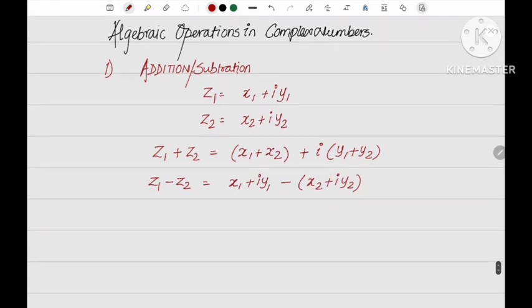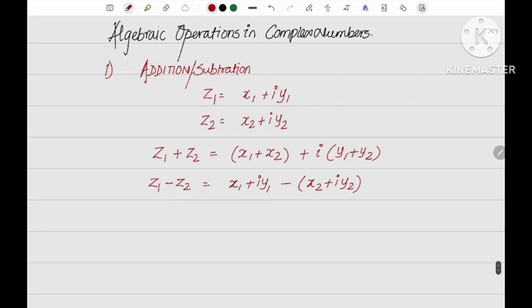So if you see in algebra, subtraction is nothing but addition only, but with the sign reversed. So we should not treat subtraction differently than addition. So this becomes x1 minus x2 plus i, and you can take this y1 minus y2. So this becomes the real part and this becomes the imaginary part.